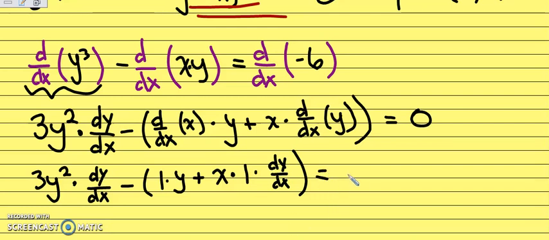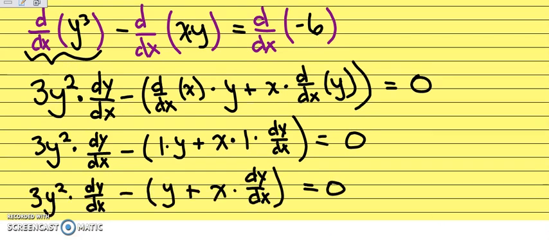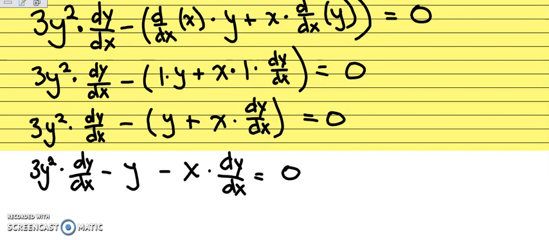And what we want to do here is we want to solve for dy over dx. And if we clean this up a little, we will have this. And we can distribute that negative. We can distribute it into the y plus x times dy dx. So we have 3y squared times dy dx minus y minus x times dy dx equals 0.